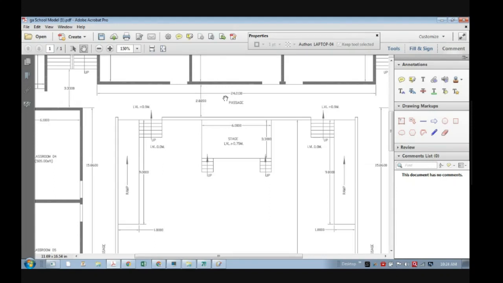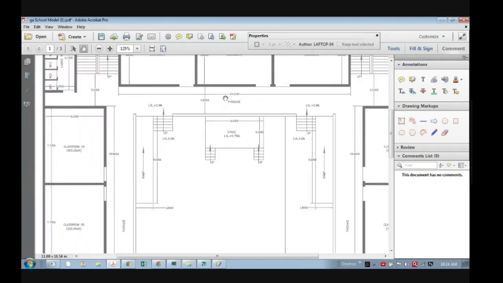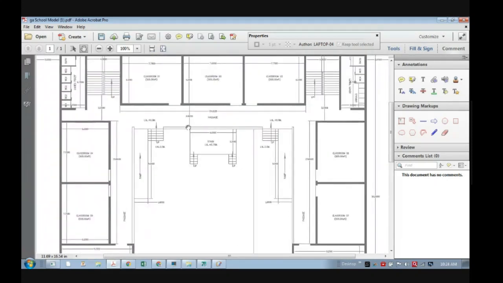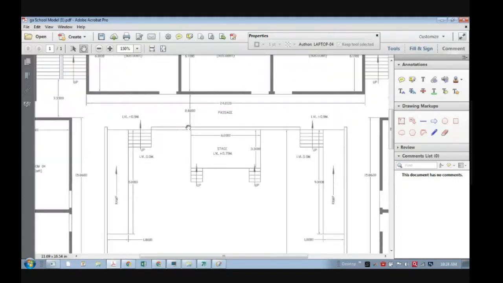Why is the plinth above the ground level? Sir, so that water and so on does not collect there. Yes, the water should not get inside the building. That is the main reason for the plinth.